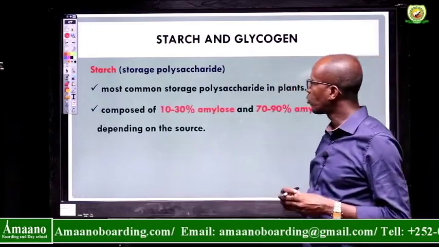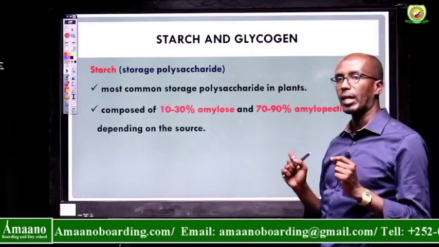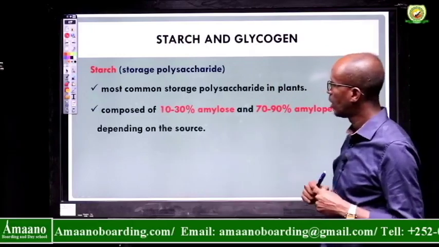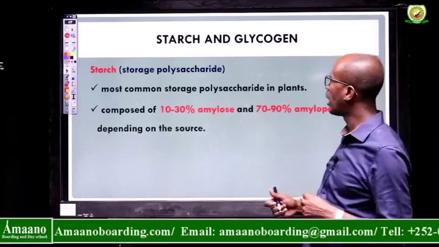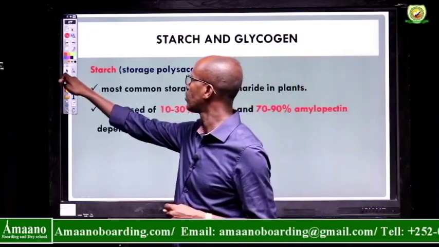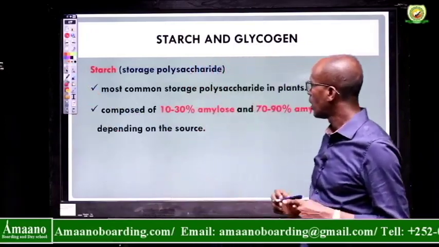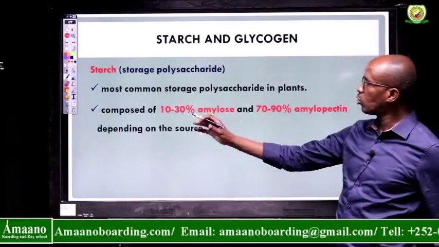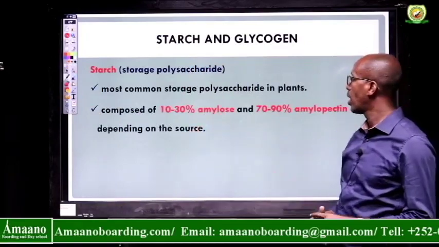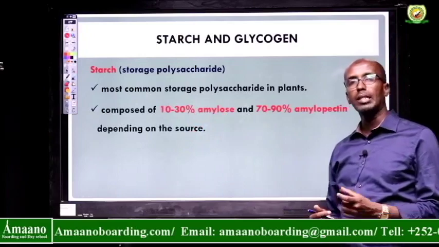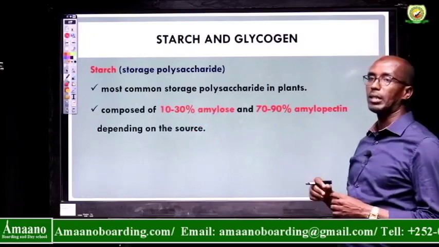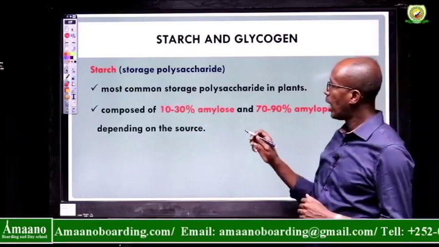Starch is composed of two different polysaccharides, amylose and amylopectin. It's composed of 10 to 30% amylose and 70 to 90% amylopectin.